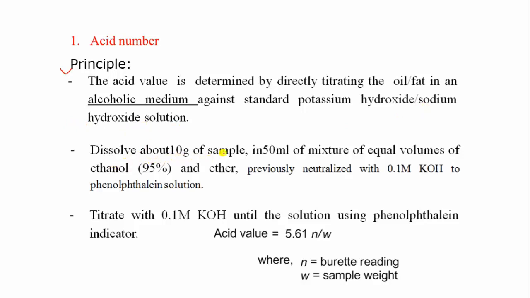Dissolve about 10 gram of sample in 50 ml of a mixture of equal volumes of ethanol and ether, previously neutralized with 0.1 normal KOH to phenolphthalein solution. Then we have to titrate this solution with 0.1 molar KOH using phenolphthalein indicator.